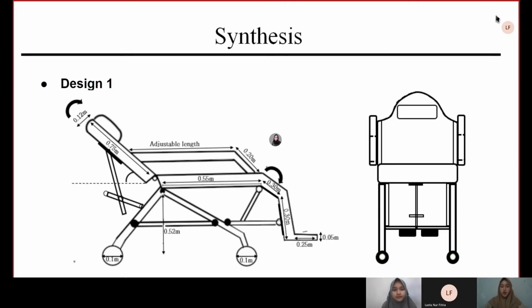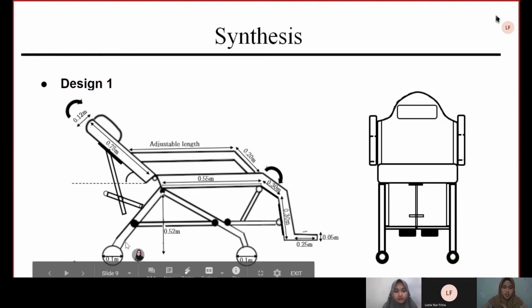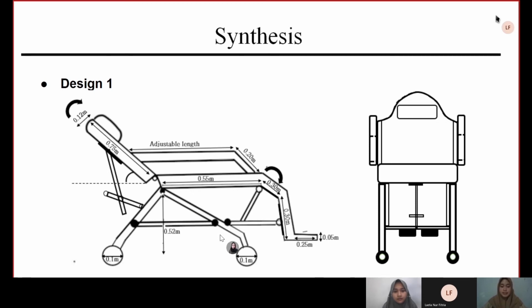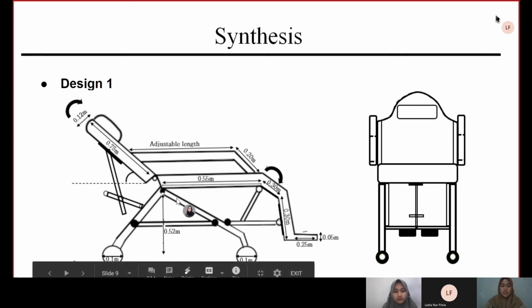As I mentioned before, there are three designs that we will propose in the first presentation. And here is design one. For design one, it will focus on the leg structure that will look like this. Therefore, the analysis that we will do is focused on this structure.